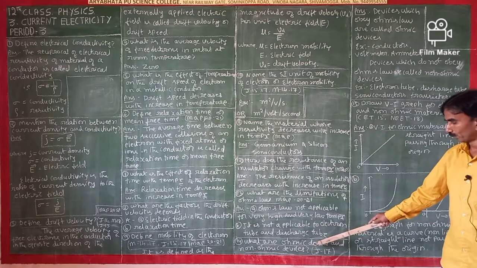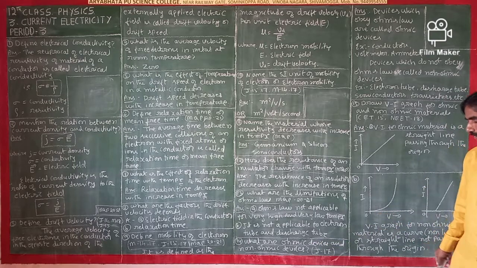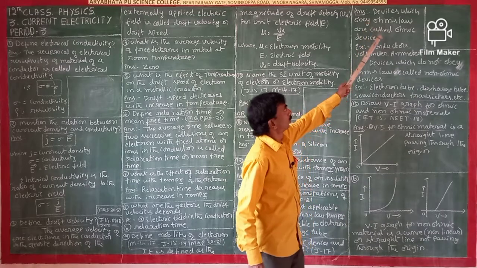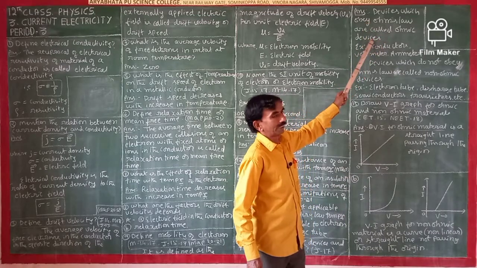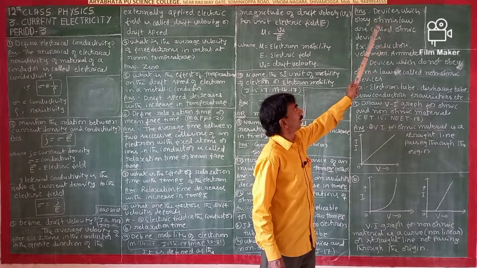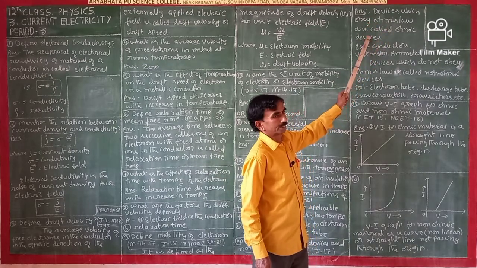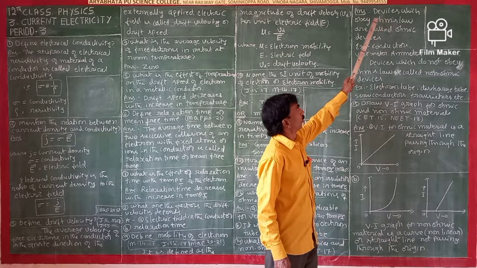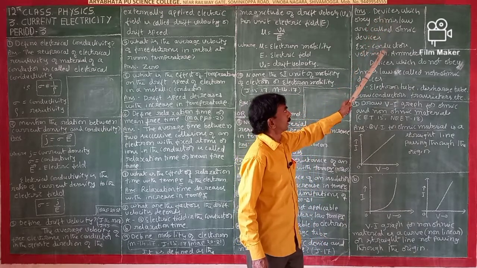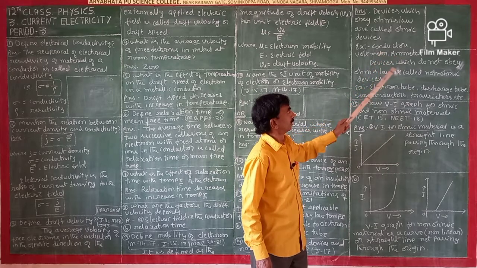What are ohmic and non-ohmic devices? Devices which obey Ohm's law are called ohmic devices. Examples: conductors, voltmeter, ammeter.